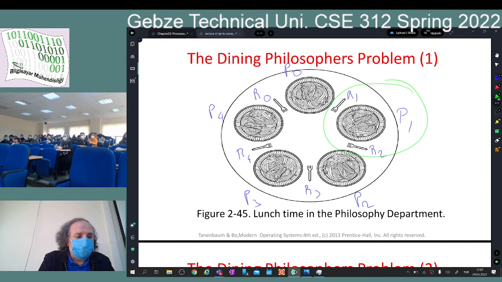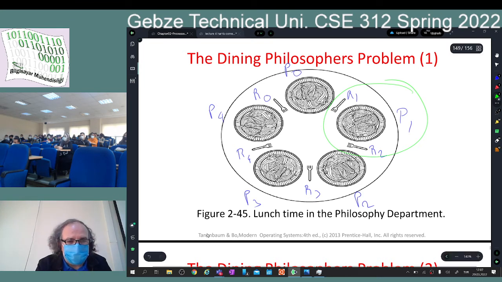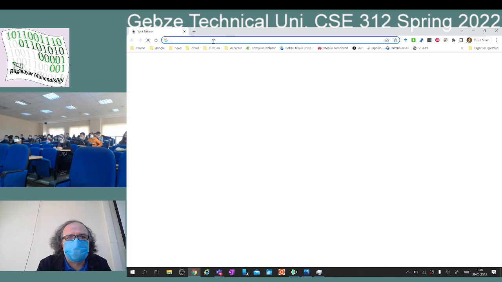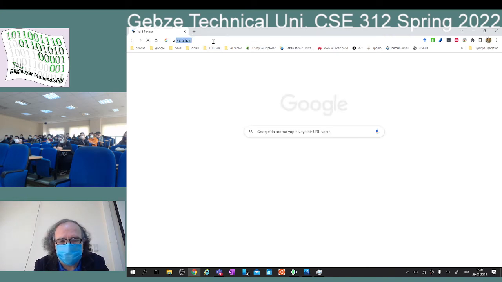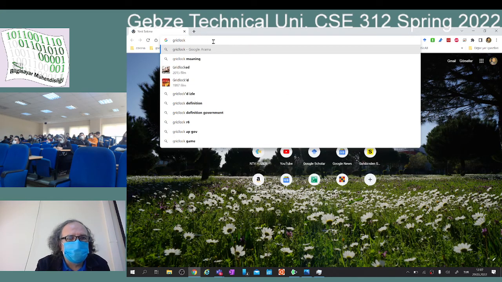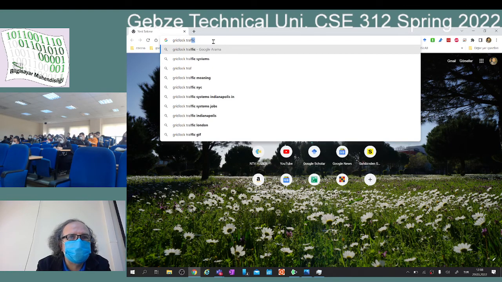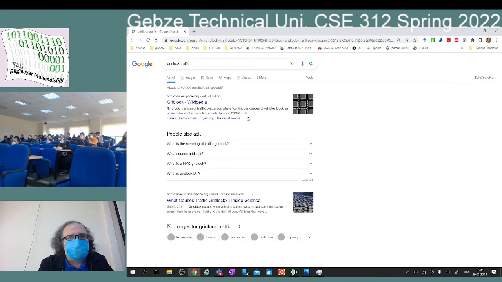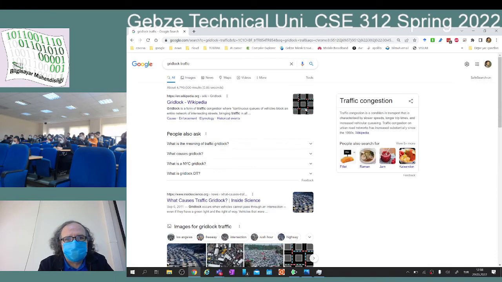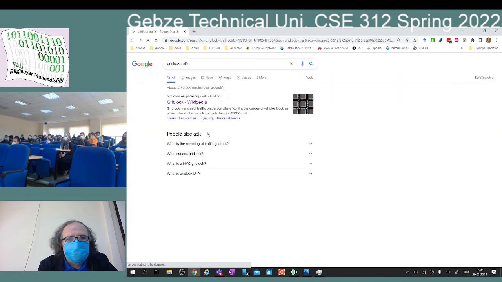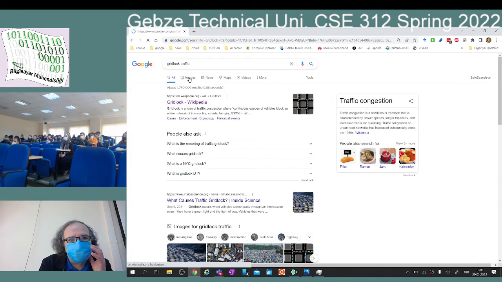You know the classical deadlock picture, gridlock. You have seen those on the internet and everywhere. This is the gridlock traffic. Maybe I should have picked a real image.